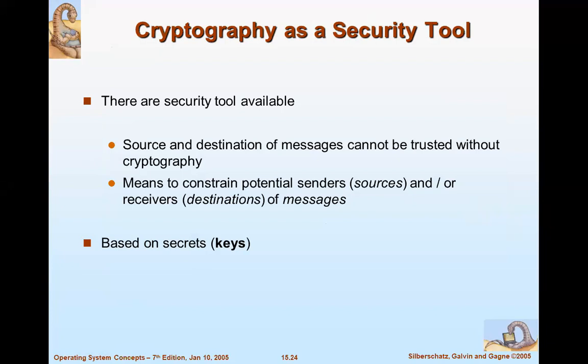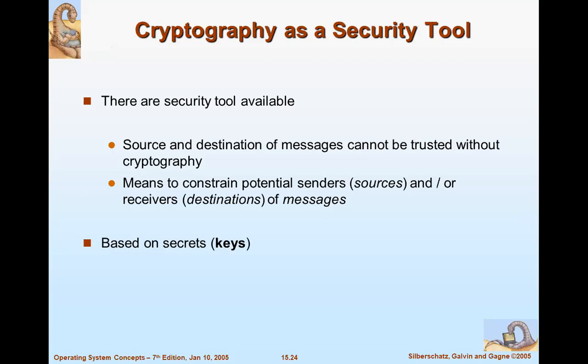So it is very important for every node to have this cryptographic mechanism to ensure the authorization and authenticity of nodes. It means to constrain potential senders, meaning sources, and the receiver, the destination node of the messages.